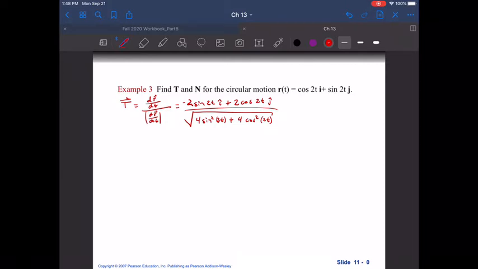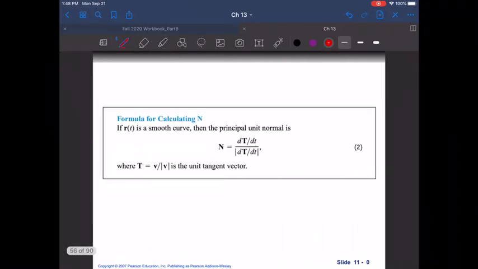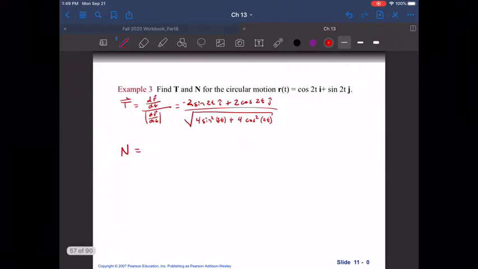Now to find N, our normal vector, we just need to do this. We need dT, almost like we're taking another derivative. We're getting into that acceleration range, which tells us the way that our first derivative is changing, and then turn it into a normal. So it's essentially that.